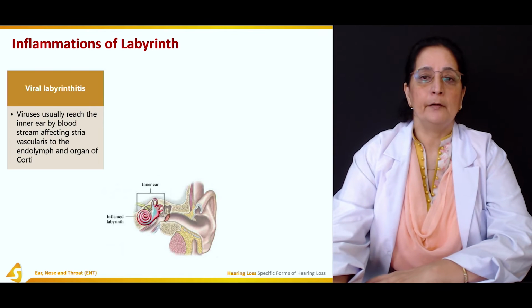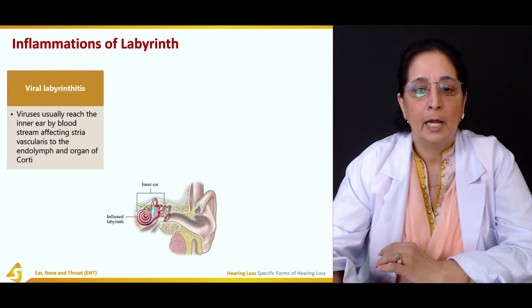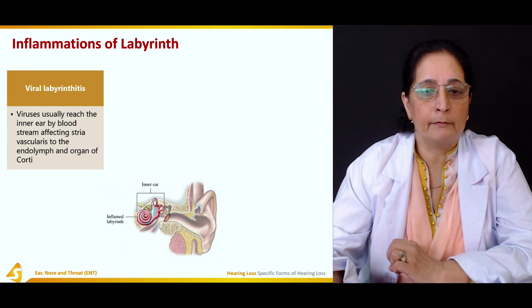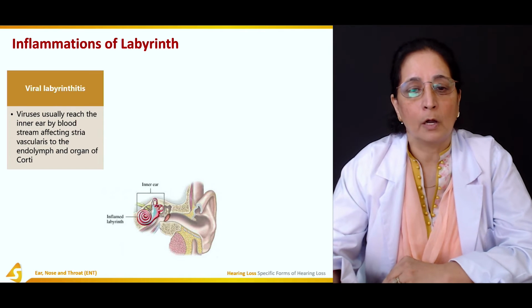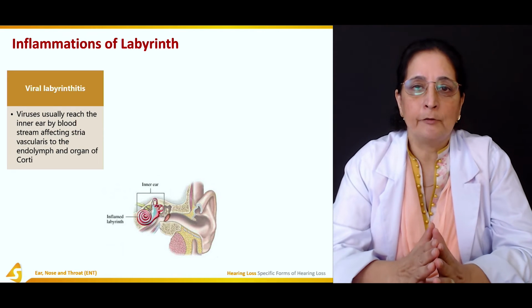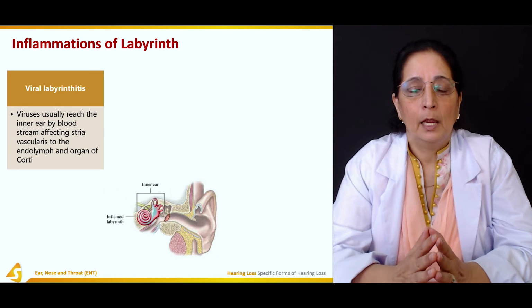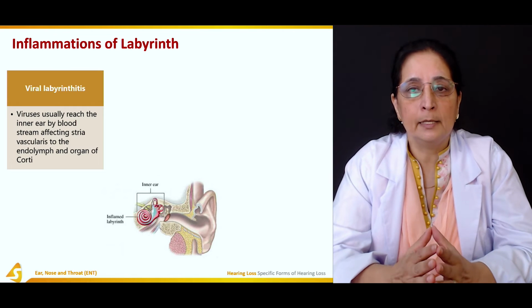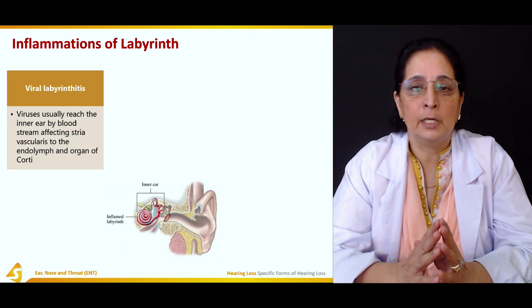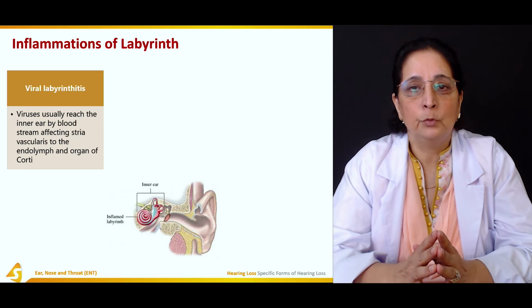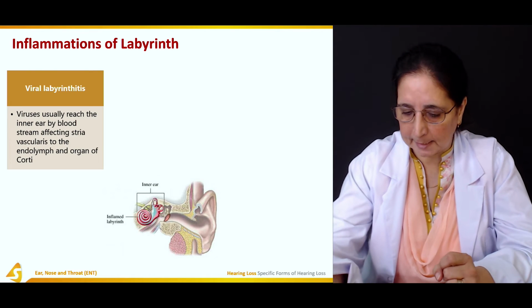Viruses reach the inner ear by the bloodstream, affecting the stria vascularis, the endolymph and the organ of Corti. So viruses reach the inner ear, the organ of Corti and the fluid in the inner ear, and it can cause inflammation and infection leading to viral labyrinthitis.